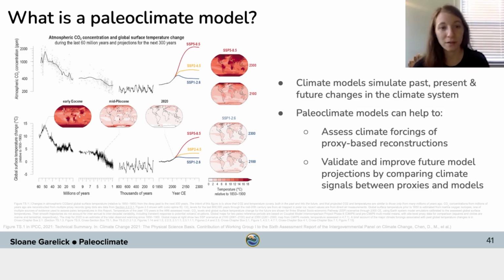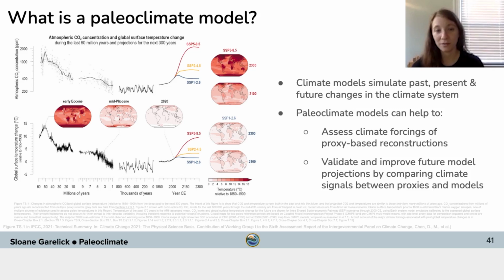Similarly, if we compare the paleoclimate model simulations represented in the maps to the projections of temperature change in the maps on the right, you can see that there are also periods in the past where temperature was analogous to future changes. For example, the early Eocene looks very similar to the projected temperature for 2300.